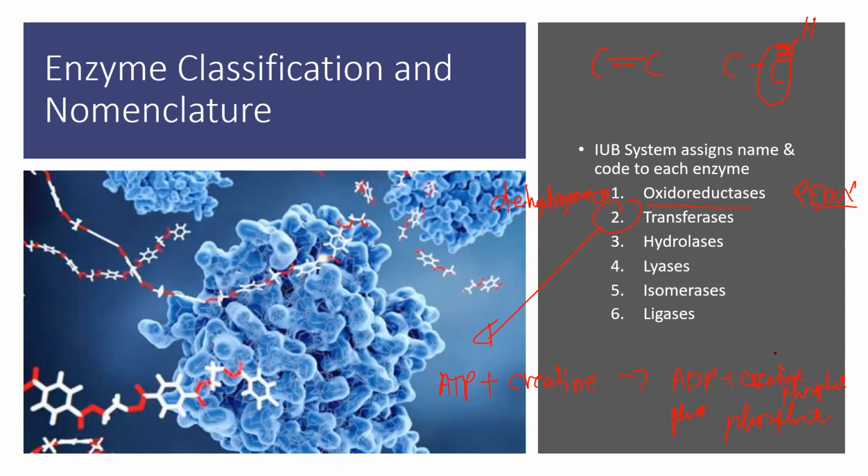Okay? Best example of transferase enzyme is no other than your AST and ALT, right? Your aspartate aminotransferase, from the word amino. Ano yung tinatransfer niya? Yung amino group, yung amine group, because amine is an amino group. Okay?